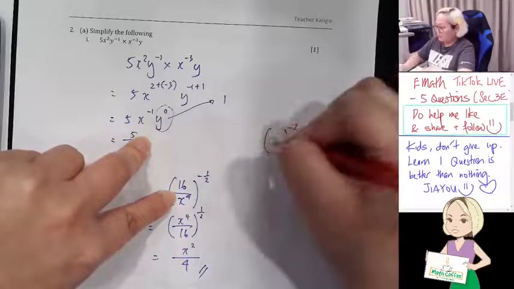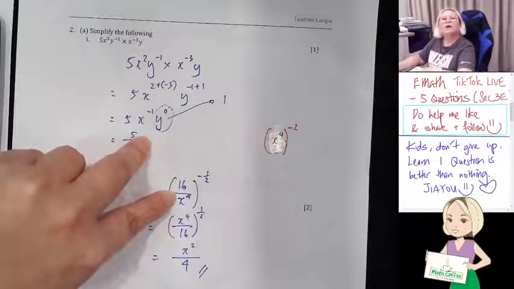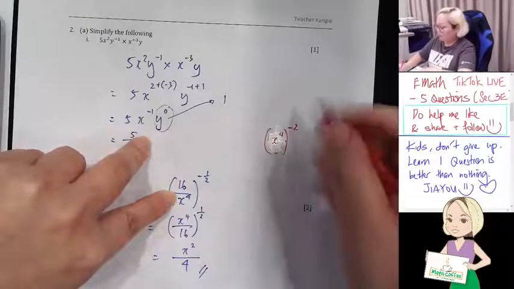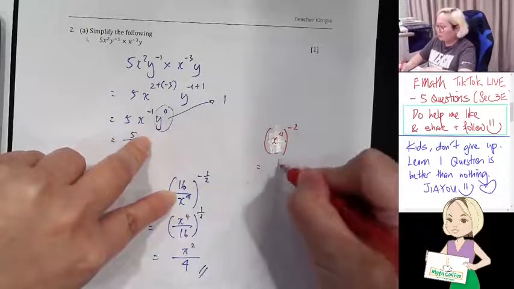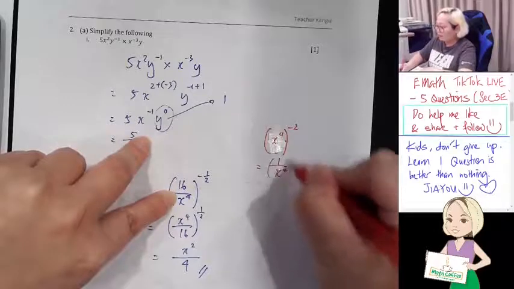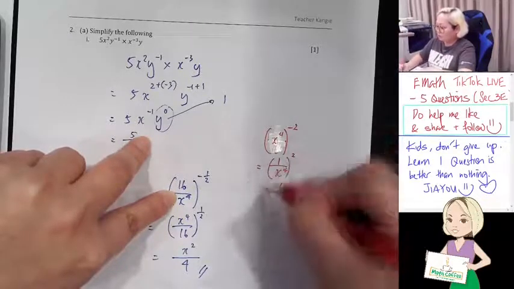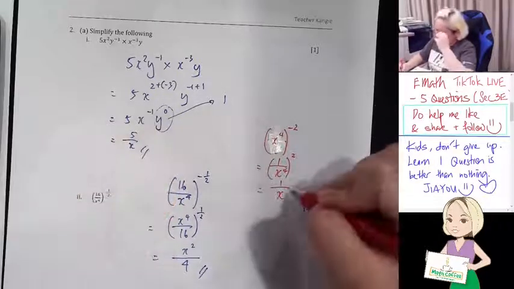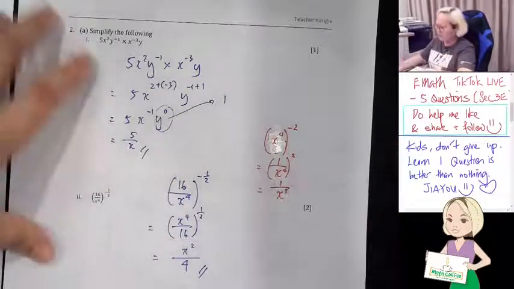What I can do is, of course it's not easy, just 4 times negative 2, but what I'm trying to tell you is you can write it as 1 over x to the power of 4, and then after that this one become 2, and then you become 1 over x to the power of 4 times 2, so it's 8. Right?